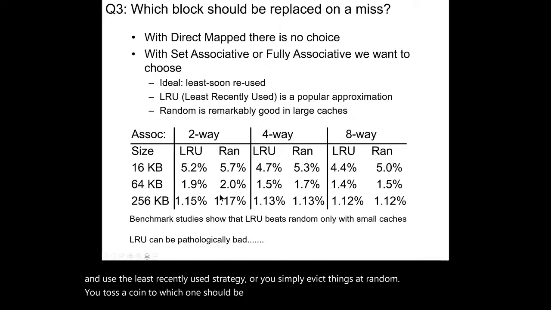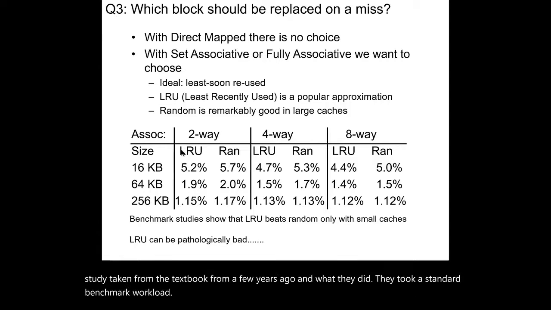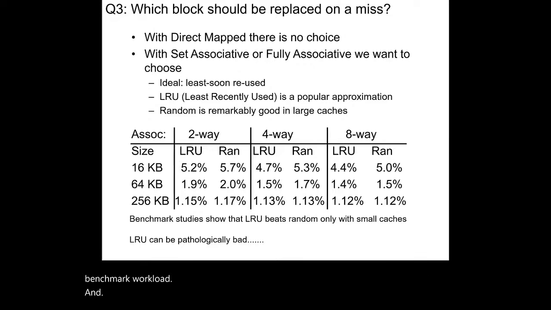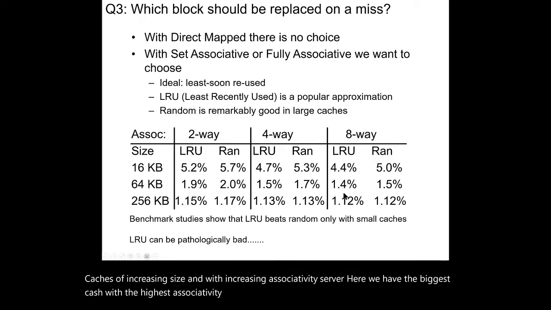Let me just show you this benchmark study taken from the textbook from a few years ago. What they did was they took a standard benchmark workload and evaluated the cache miss rate on caches of increasing size and with increasing associativity. So over here we have the biggest cache with the highest associativity, and it has a low cache miss rate.